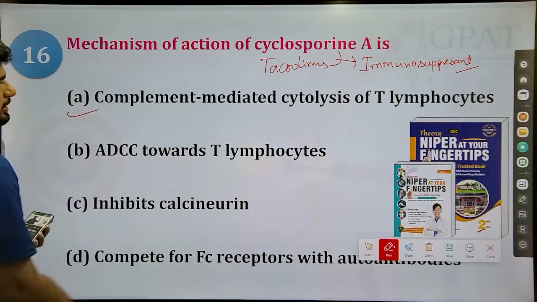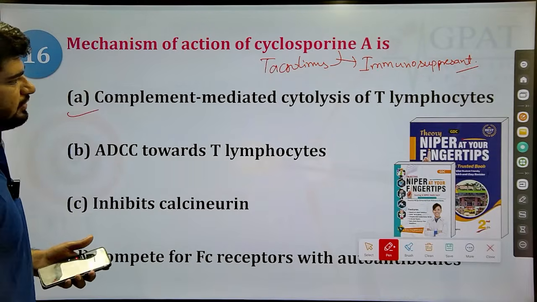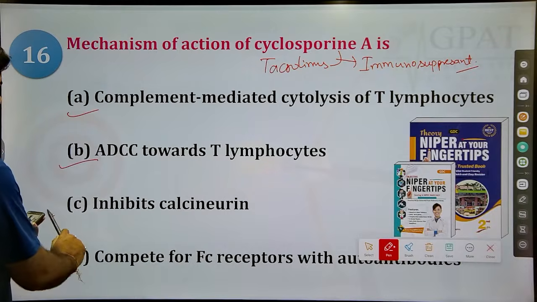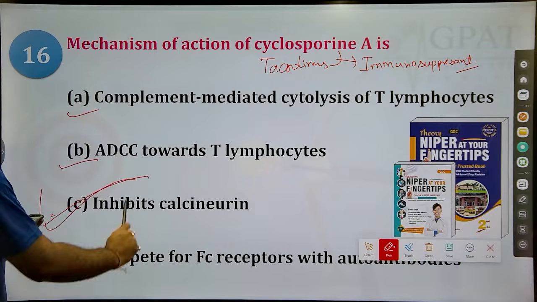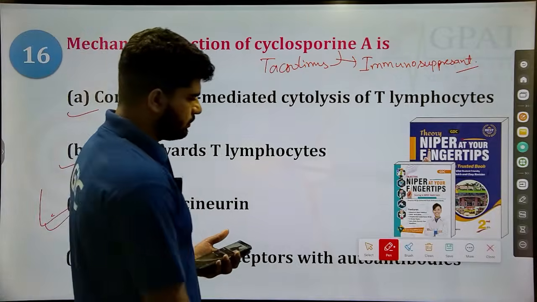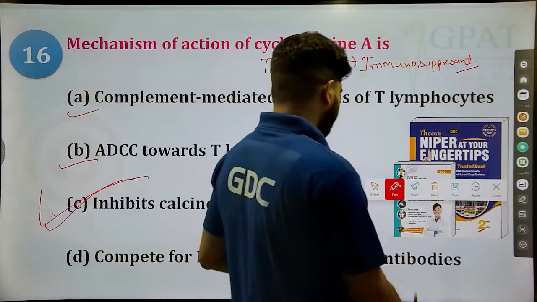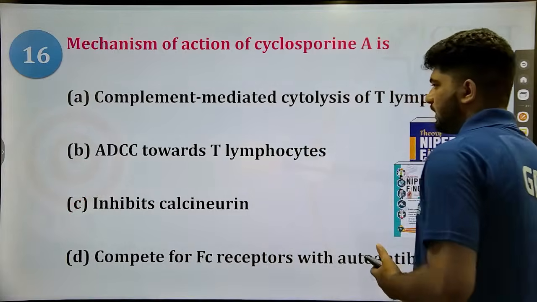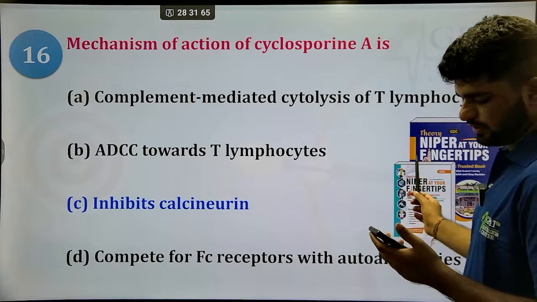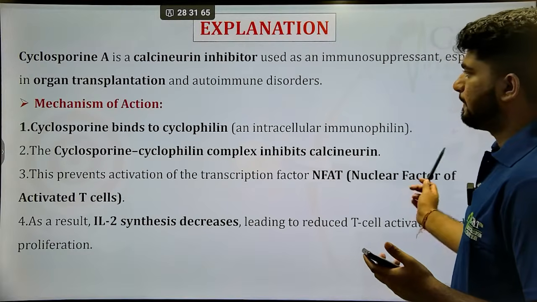Complement mediated cytolysis of T lymphocytes, ADCC towards T lymphocytes, inhibits calcineurin, competition for Fc receptor with autoantibodies. Yes, inhibits calcineurin. C is going to be your correct answer, cyclosporin with tacrolimus. Very good, Dikshita. It's C only.